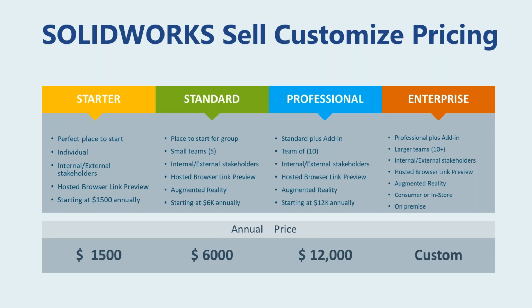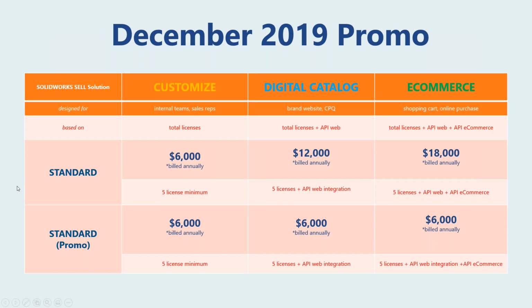And as Angela mentioned, you get the augmented reality, you get to create all the websites, same functionality, just a larger number of licenses. Similarly with the professional, if you've got up to 10 users, the cost is $12K US per year. And for larger enterprise situations, we can establish a price based on volume. So those are the three offerings to enable SOLIDWORKS Sell in an organization.